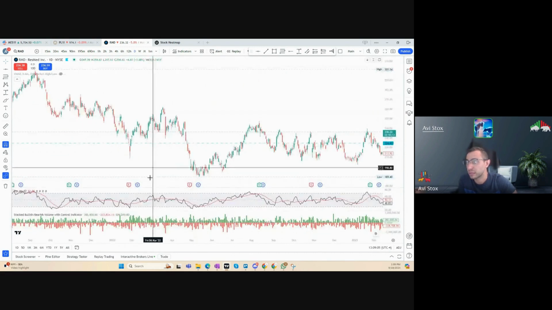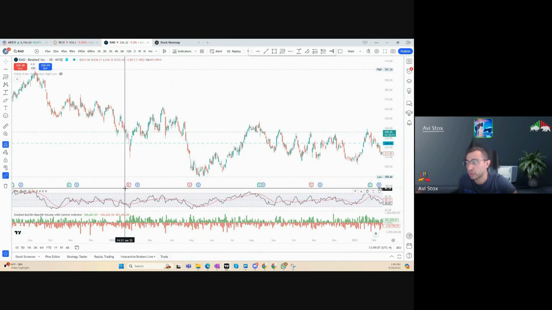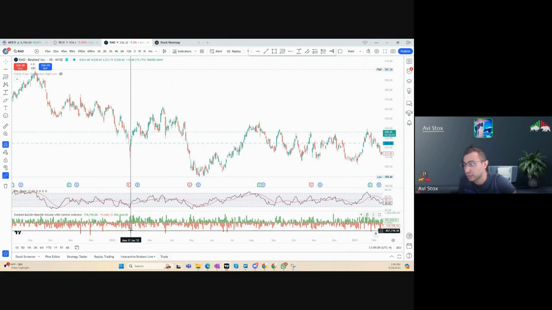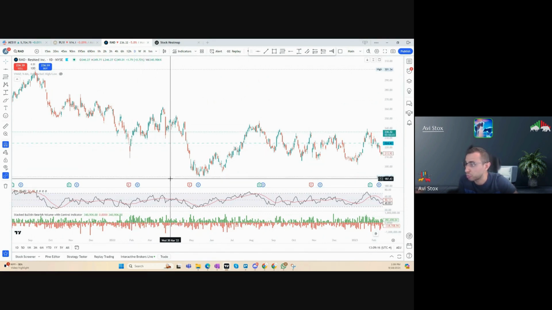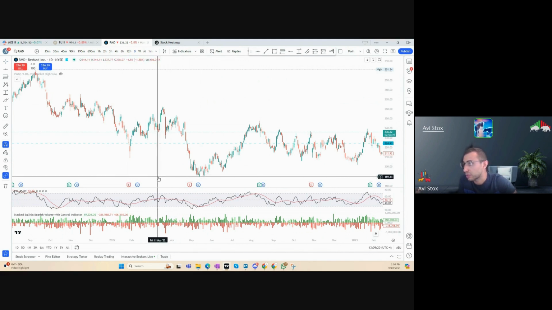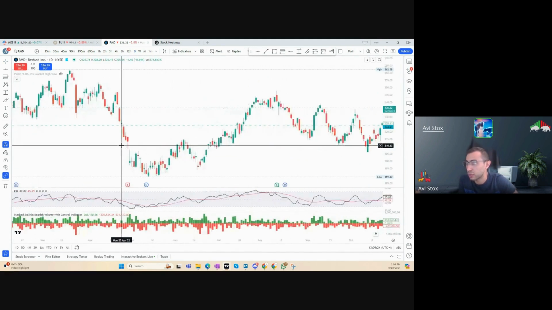We can see here actually a lot more volume buying less, but price action showed more positive. Same thing here, but then price next day showed positive. So that's very interesting.